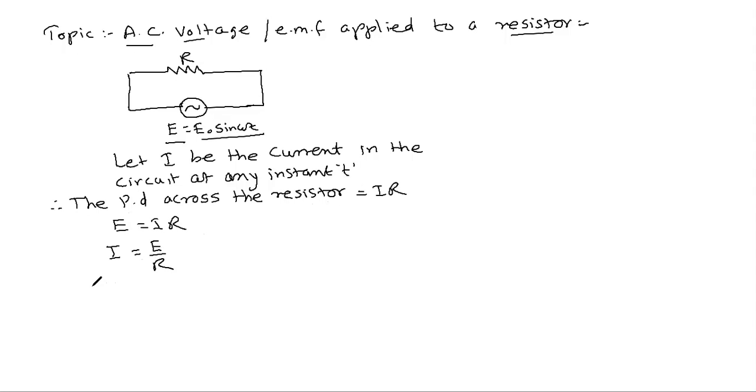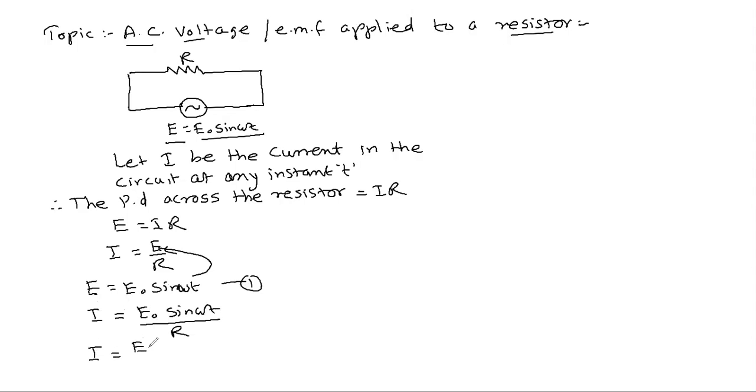You know that E is equal to E naught sine of omega t, equation 1, that is nothing but the value of the alternating EMF. So use this value in this equation. Ultimately I is equal to E naught sine of omega t upon R, or I can write I is equal to E naught upon R sine of omega t.